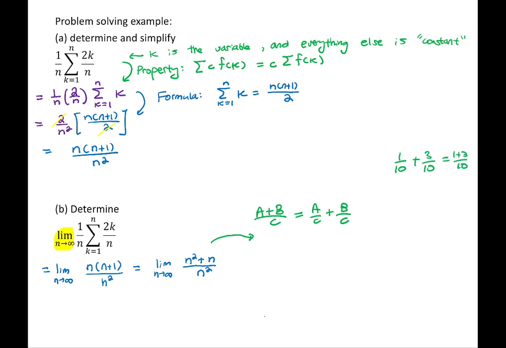Just add the tops together. We're just running that backwards. That's where that fraction rule comes from. So if we use that fraction rule, we're going to have the limit as n approaches infinity of n squared over n squared plus n over n squared, and then that can be simplified. n squared over n squared is just 1. n over n squared is just 1 over n.